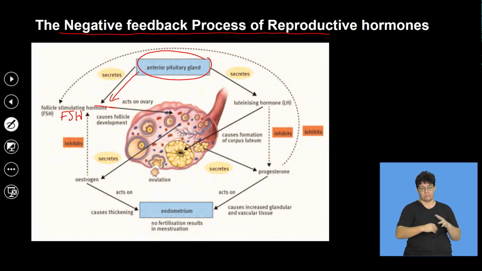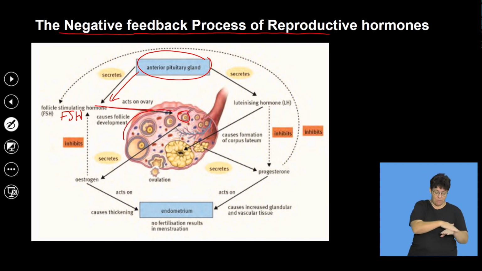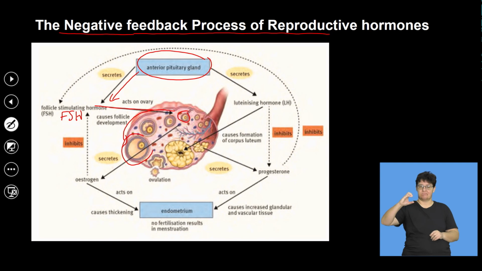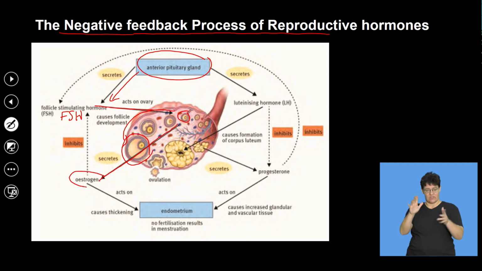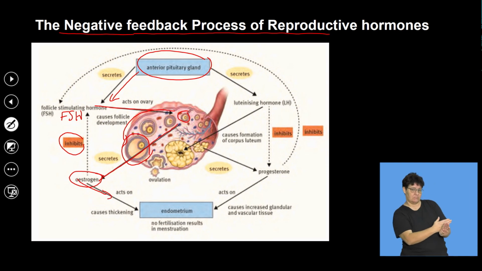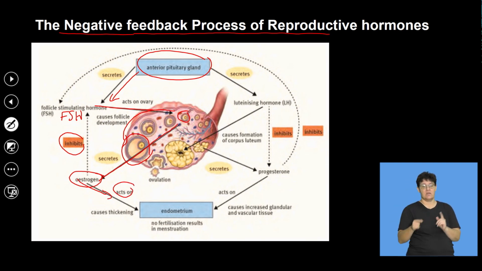The follicle stimulating hormone targets the development of a primary follicle into what we refer to as a mature Graafian follicle. As that follicle develops, we know that it stimulates the release of estrogen. When estrogen levels peak, it inhibits or stops the level of FSH. We know that estrogen now acts on the endometrium, causing the lining of the endometrium to thicken.